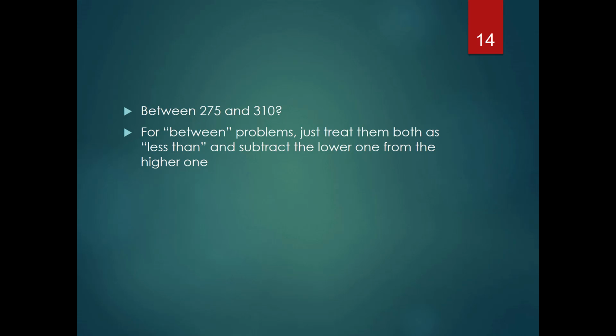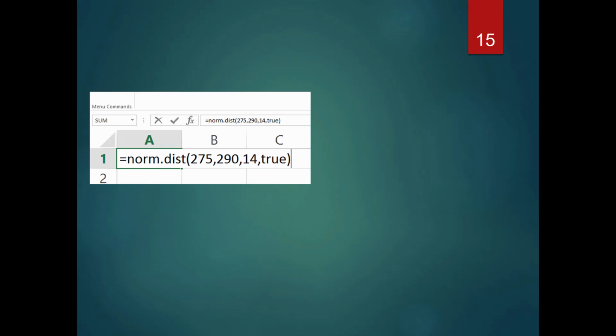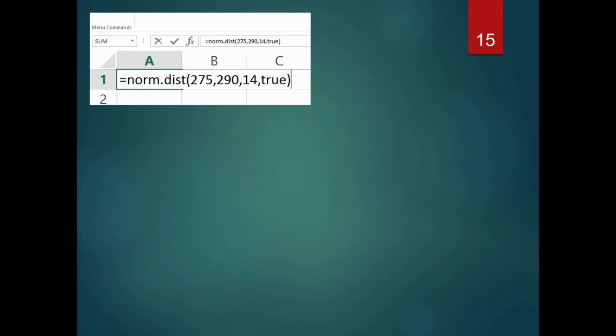And then for between problems, like I said, just treat them both as less than and subtract the lower one from the higher one. So in this case, start with the 275 calories. You can start with the 310 as well, but just make sure to subtract the lower one from the higher one. 290 was the mean, 14 was the standard deviation, and I'm always going to say true for cumulative in this chapter because exact point probabilities are 0.